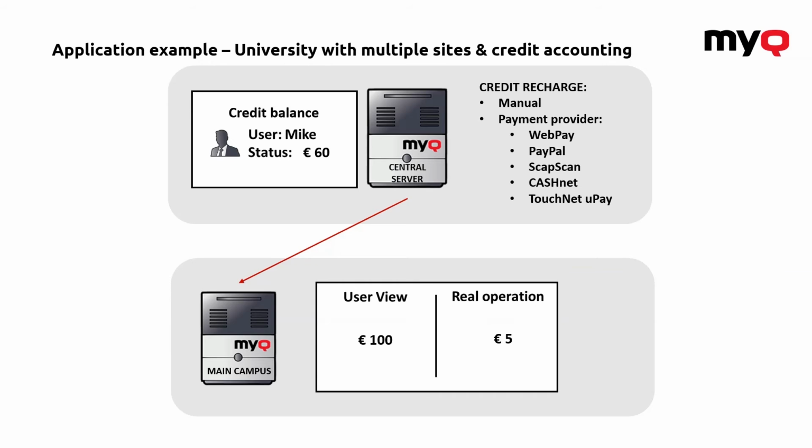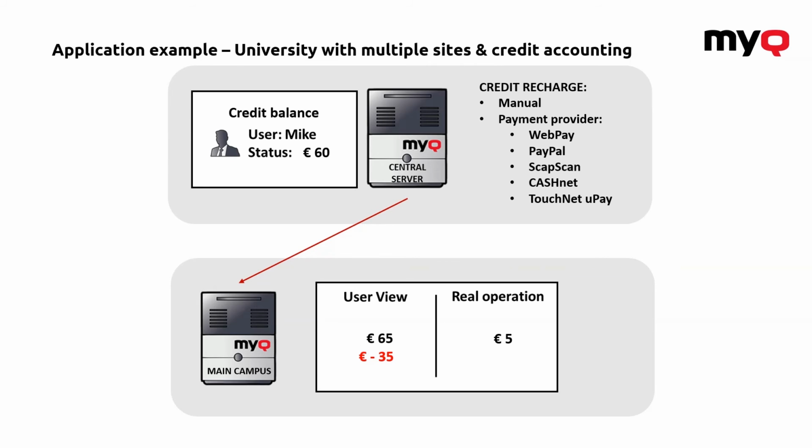Then, when he finishes, and there is some remaining credit, the system will, of course, take that into calculation, and before it's all finished, it will send the money back to the central server. So, the actual cost of the prints, copies, and scans the user has done was 35 euros, meaning 5 euros are still remaining.